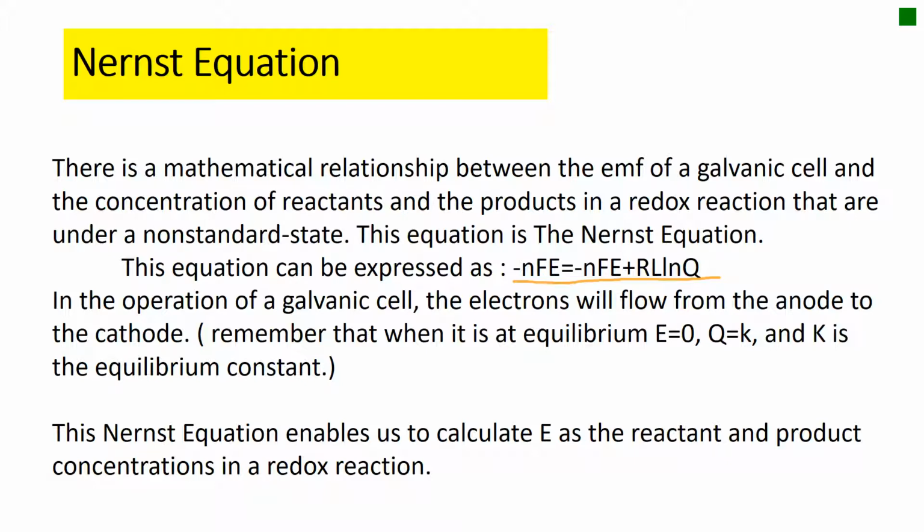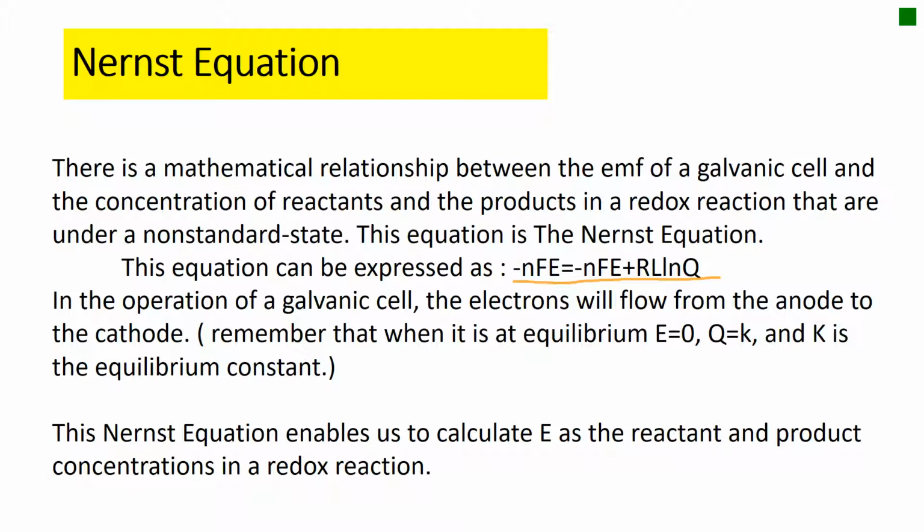This operation is basically simple. It's negative nFE equals negative nFE standard plus RT times the natural logarithm of Q. So not that hard. It's kind of complicated, but still it's manageable.